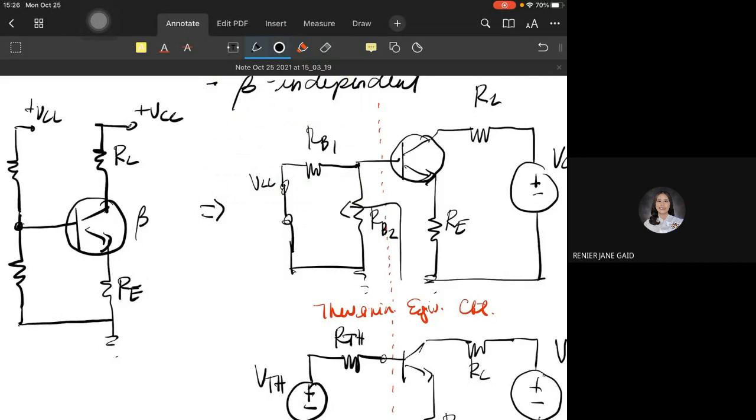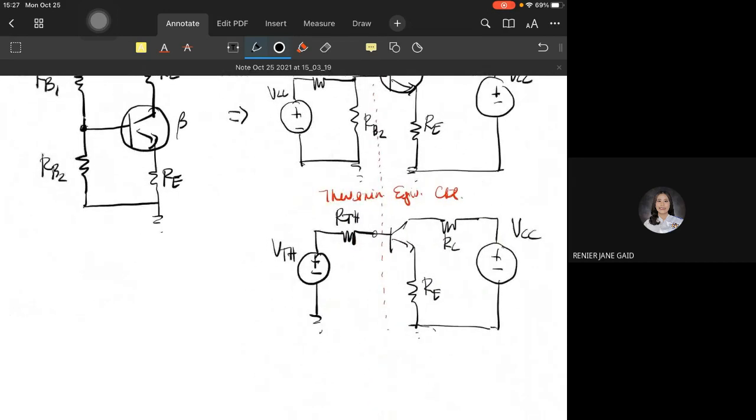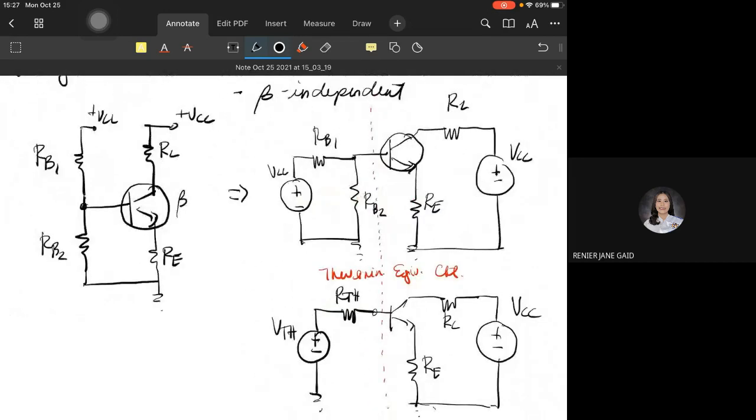So, if it is shorted, we could compute RTH, looking into this perspective. So, how much is RTH then, if VTH is turned off? It's just two parallel resistors, right? Imagine, earlier it was shorted.